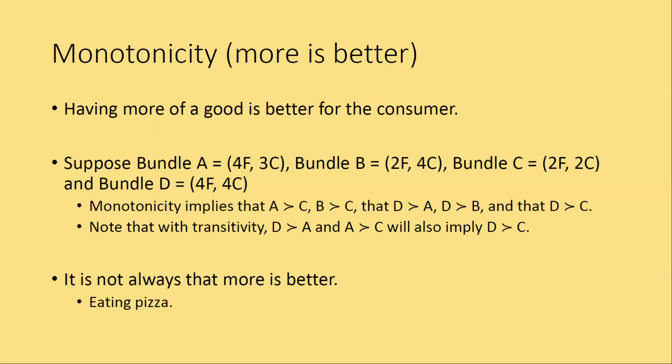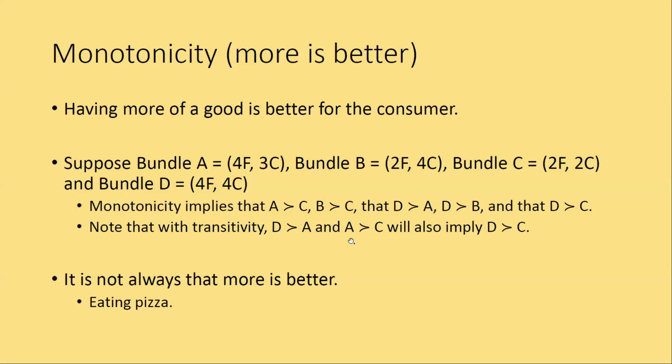So again, by monotonicity, a rational consumer has to prefer bundle B over bundle C. And you can compare bundle A and bundle D, and also bundle B and bundle D yourself to see that, implied by monotonicity, a consumer whose preference satisfies monotonicity must prefer bundle D over bundle A as well as bundle D over bundle B. And lastly, bundle D over bundle C.